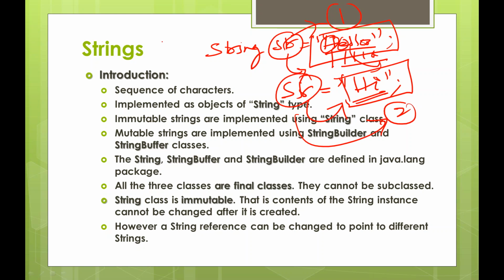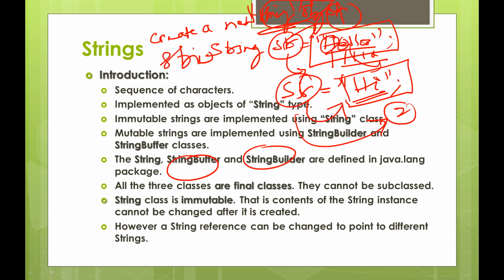Every time you make a modification to a string, that will create a new string object. We are not talking about StringBuilder or StringBuffer, we are talking about the string object. That is why the string class is immutable.